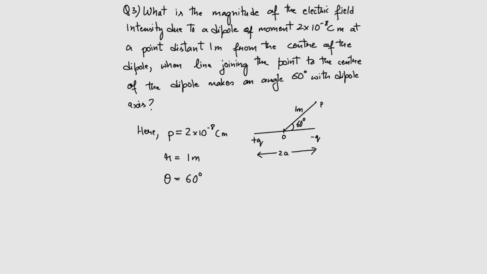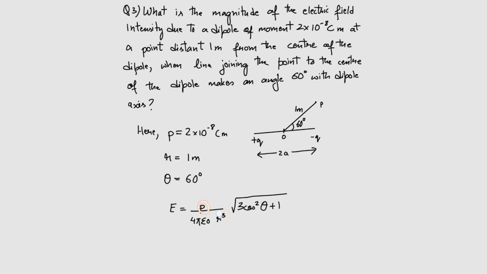So we will use the formula for the electric field at any point, E is equal to P by 4 pi epsilon naught R cube, root over 3 cos square theta plus 1. In numerical problems, the value of 1 by 4 pi epsilon naught is 9 into 10 to the power 9.